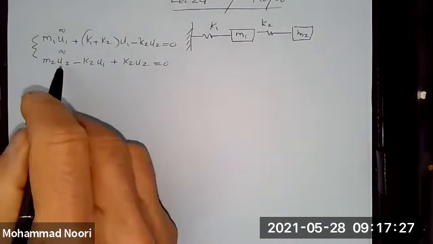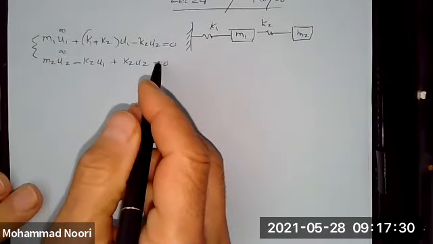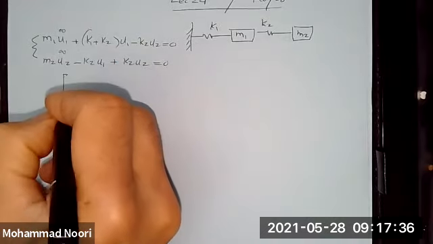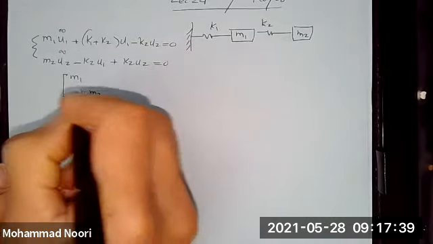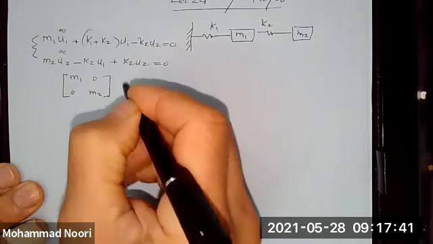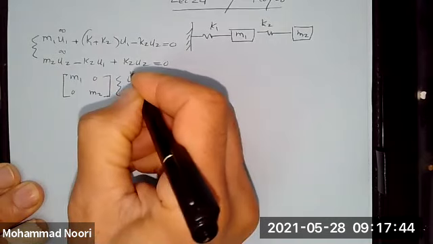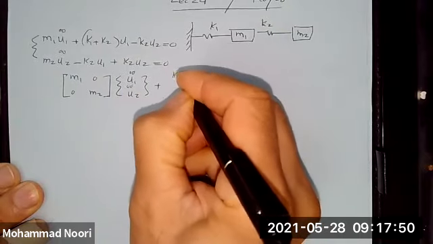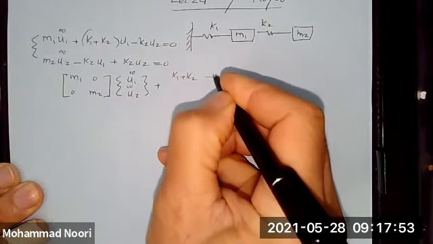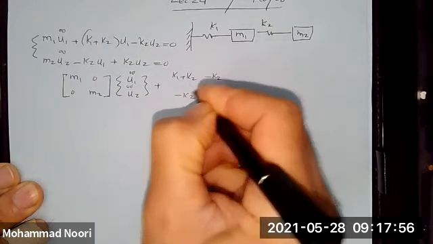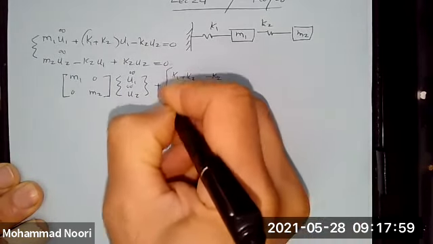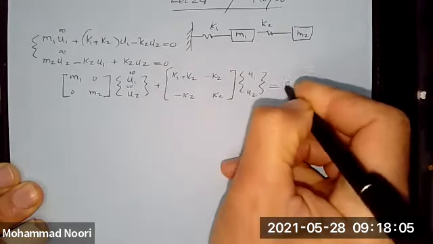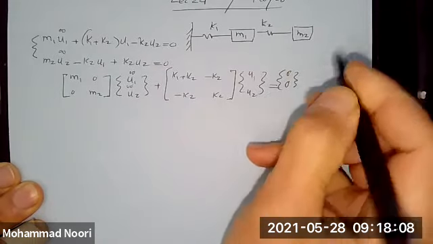Instead of this algebraic form, we can write these equations in matrix notation. That's what it's going to look like if you write them using matrix formulation, if you remember from linear algebra: the matrix with K1 plus K2, minus K2, minus K2, K2, times U1, U2, is equal to 0.